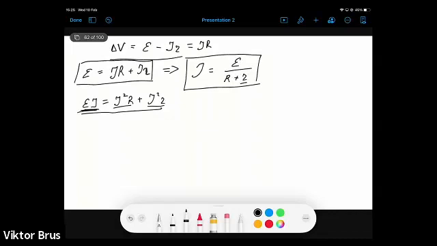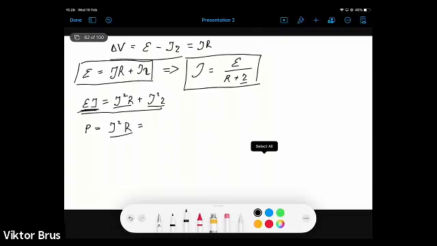For this purpose, let's consider that we have electric power equal to I square times R. We are interested in the useful power which can be delivered from the battery.